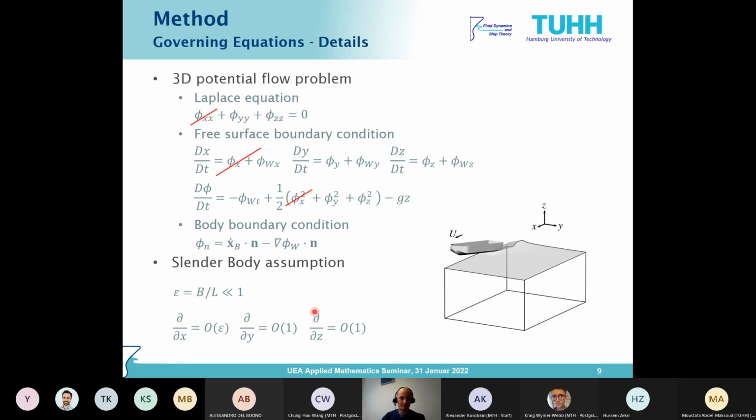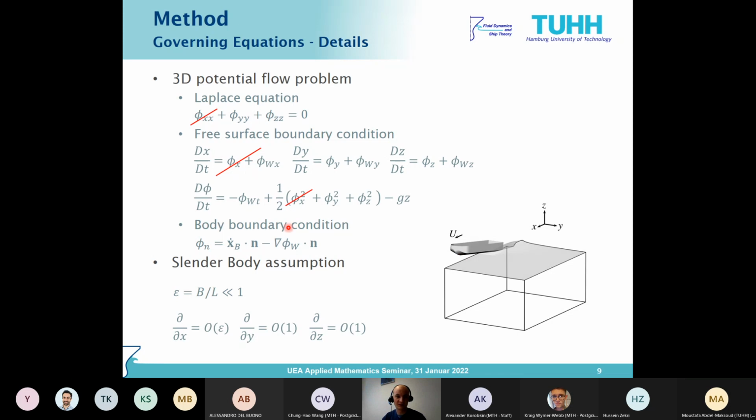Note that this assumption, like for the slenderness, is a little bit vague. For example, it also needs to apply for the flow, of course, because this is where we apply it. And for example, if a ship is not slender but moving with a Froude number of 0.3, for example, then there is a transverse wave system which does have significant derivatives in x directions.